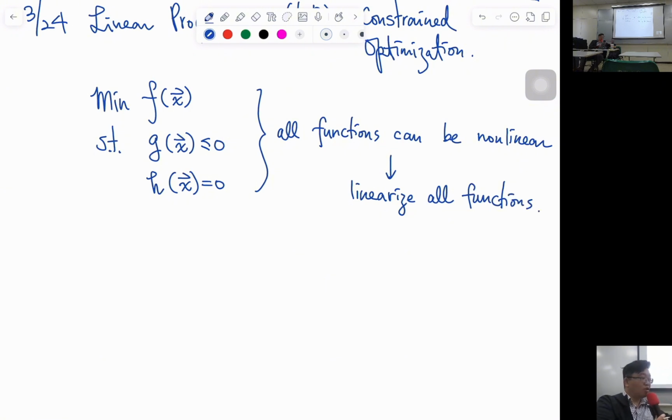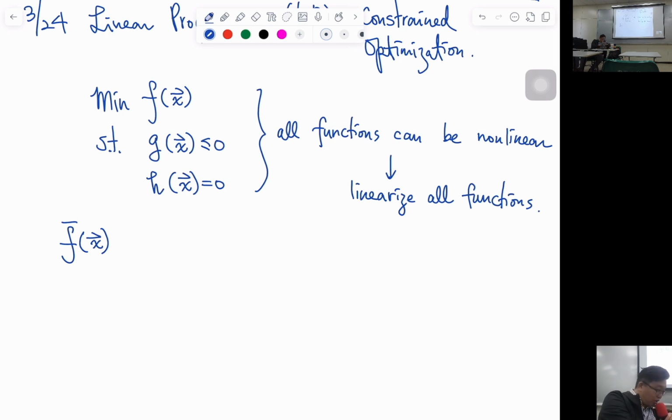For LP, we can only handle optimization problems which only have linear functions. So here is f of x with a bar on top. It's a linear approximation of the original function.